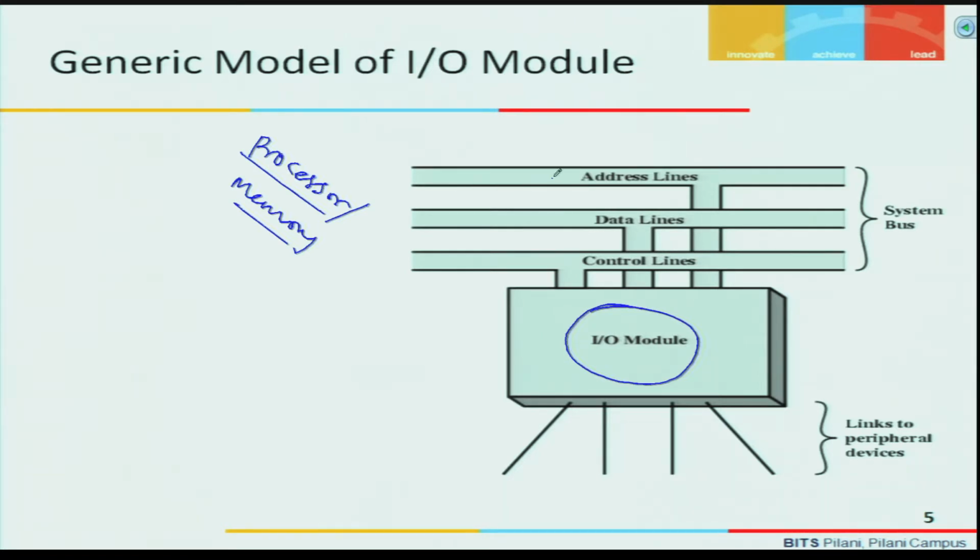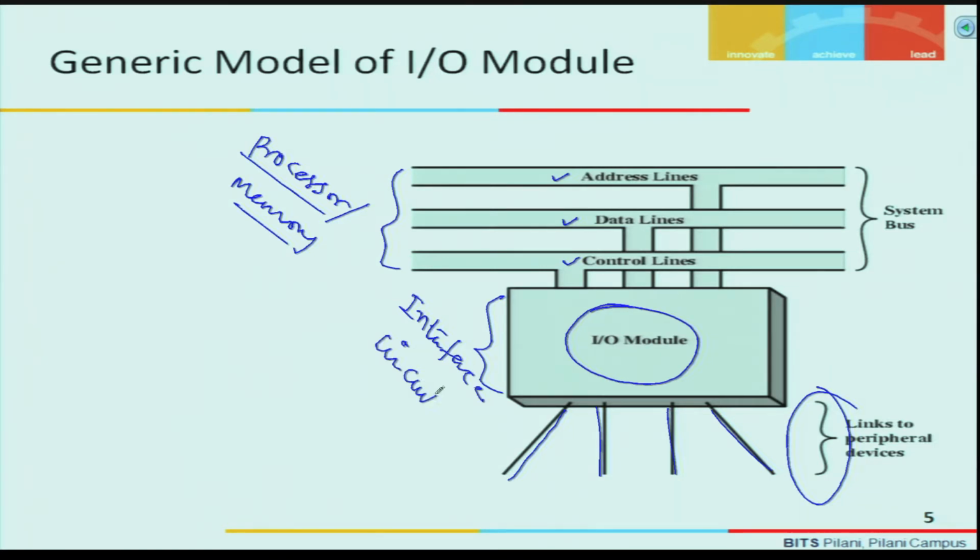This is the system bus, with address lines, data lines and control lines, the complete system bus. To the outside world there are links to the peripheral devices. One IO module can handle more than one device. This is your IO module, or the interface circuit. This is a generic model of any IO module.